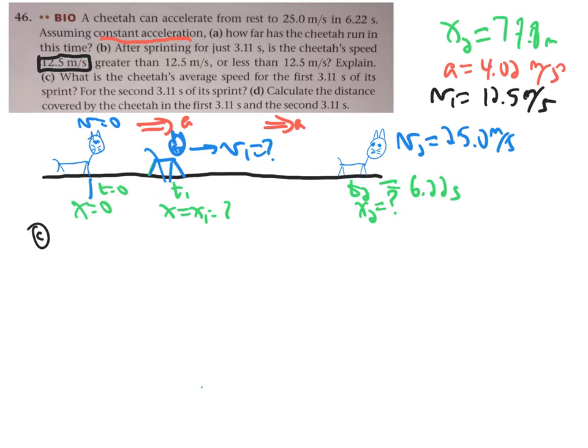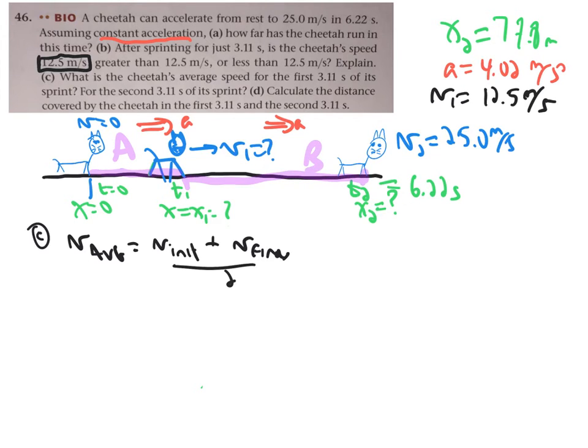Part C says, what is the average speed during the first 3.11 seconds and during the second 3.11 seconds? And there are actually multiple ways to do this, but the way I'm going to do it is by just remembering that for constant acceleration, the average velocity over some time interval is just the mean velocity. In other words, it's the initial plus the final divided by 2. So here we're going to call the first trip, the first 3.11 seconds, trip A, and the second bit trip B, just so I can identify these from each other.